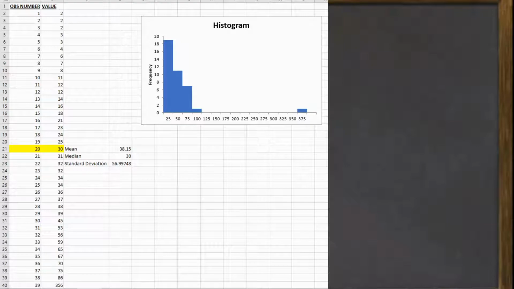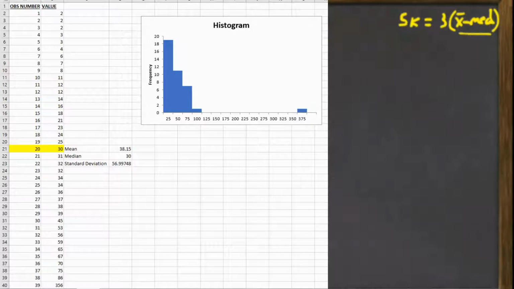So Pearson's measure is simply SK is 3 times X bar minus the median. I run out of space, so I'll just abbreviate that MED.